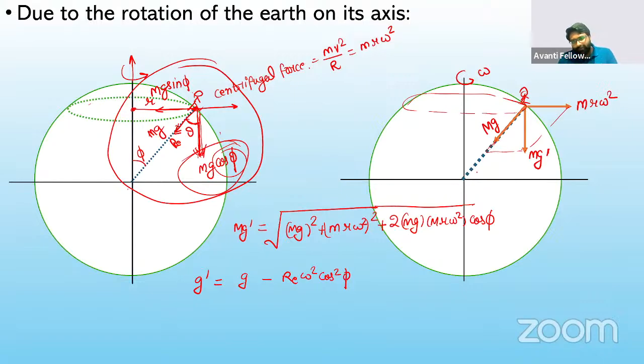And phi we have taken from the positive equator axis. This is the value of the effect of the rotation of Earth.